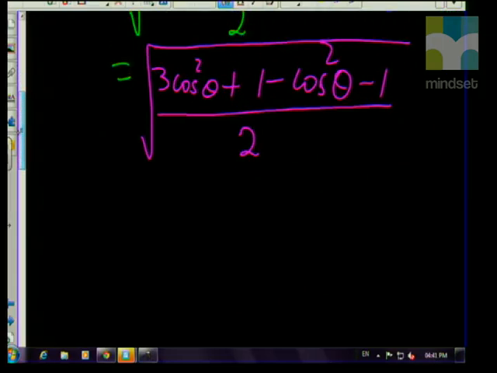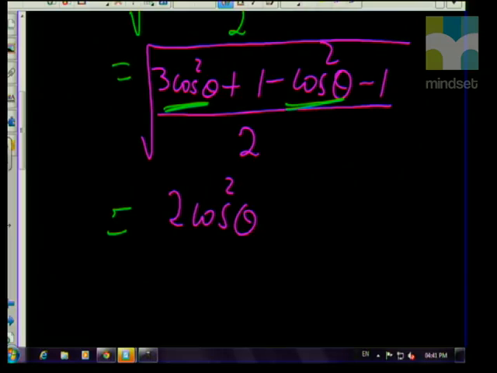Okay? Now, I now have, again, like terms. I've got 3 cos squared theta minus cos squared theta. So I've got 3 lots of cos squared theta, subtract 1. So that gives us 2 cos squared theta.